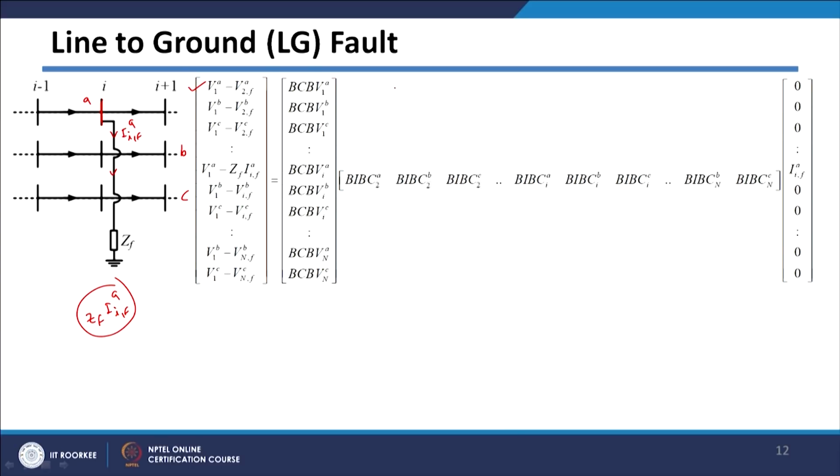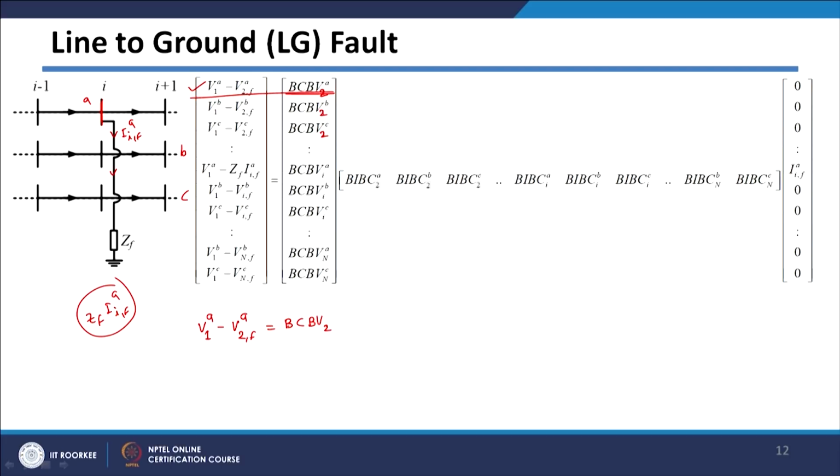So, I can easily write from this particular row equation, it will be V1A minus V2FA, which is actually the post fault voltage of bus 2 and A phase, which will be equal to, so this particular row BCBV, it should actually be 2 here.